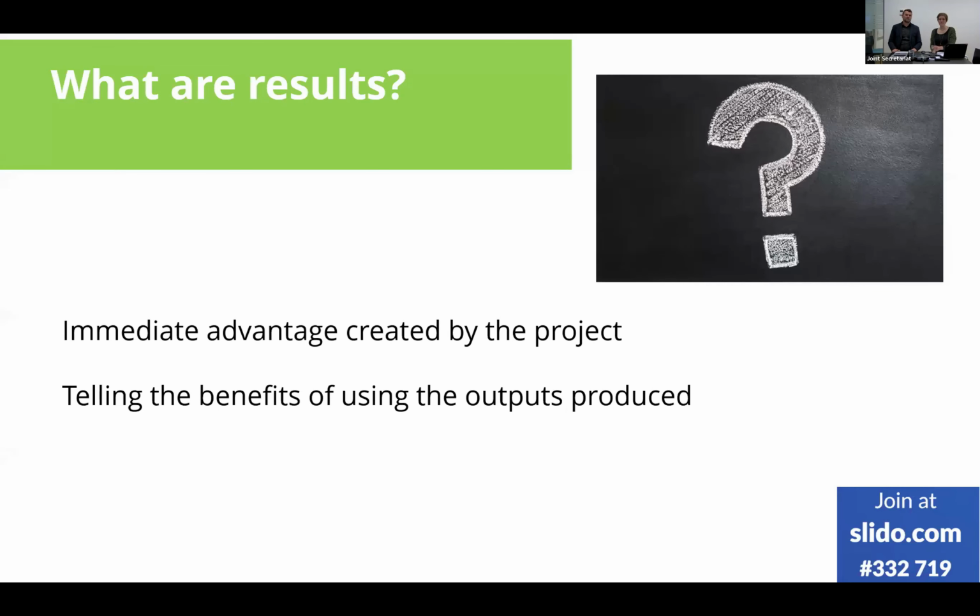What are the results? Per definition, we can say that a result is an immediate advantage created by the project, telling us the benefits of using the outputs produced. So you see the difference here. An output is a product in a work package, well thought through, planned, implemented, sometimes resulting in a document at hand or something physical, but it is a product at the end.